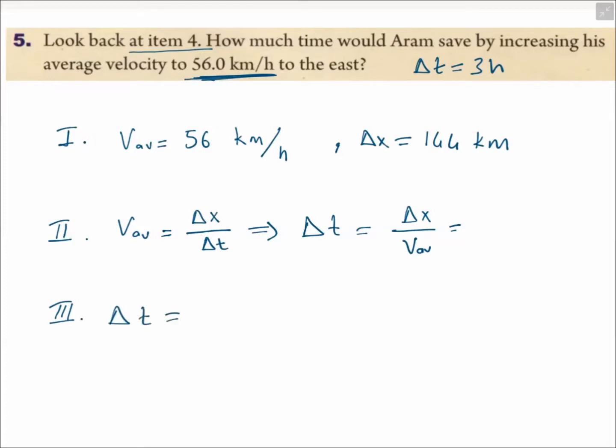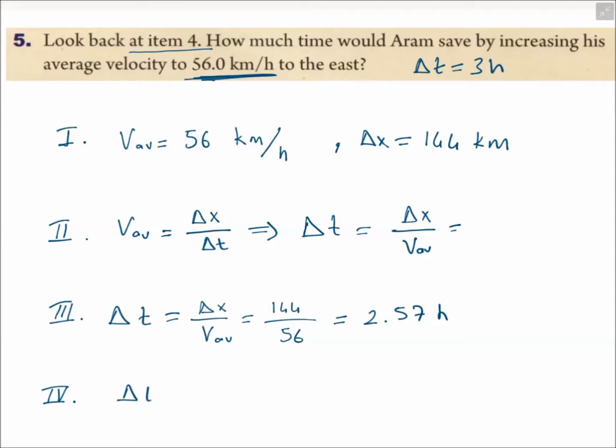And in the third step, I will substitute them. Delta t equals delta x over v average. Delta x is 144, v average is 56, so the result is going to be 2.57 hour. And in this question we have a fourth step. I'm going to calculate the time difference between them.